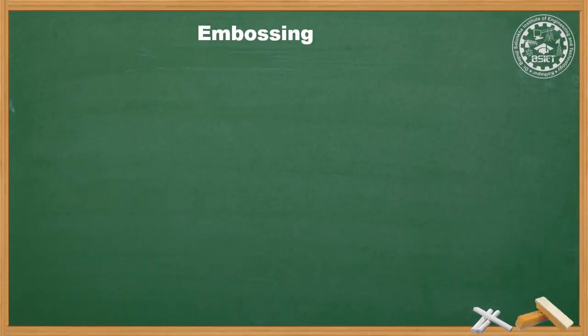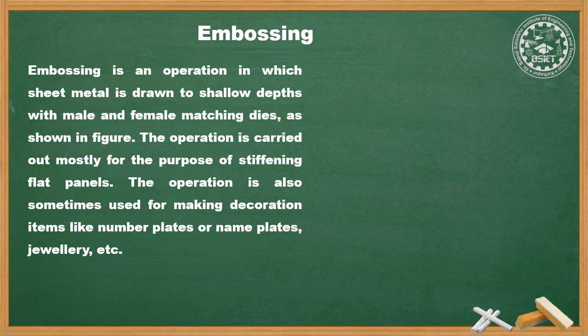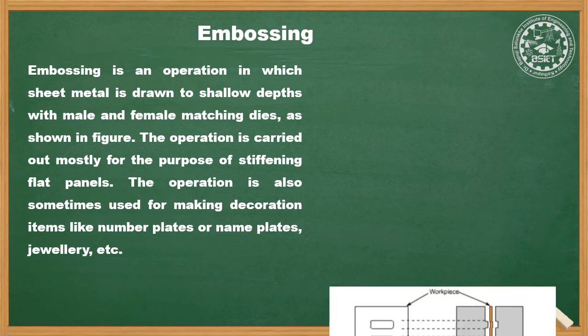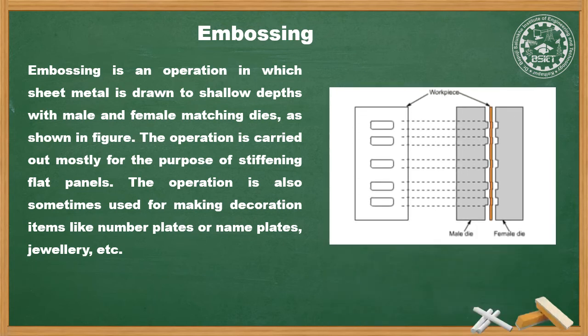Next is embossing. Embossing is an operation in which sheet metal is drawn into a shallow depth with male and female matching dies as shown in the figure aside. The operation is carried out mostly for the purpose of stiffening flat panels or to imprint something.